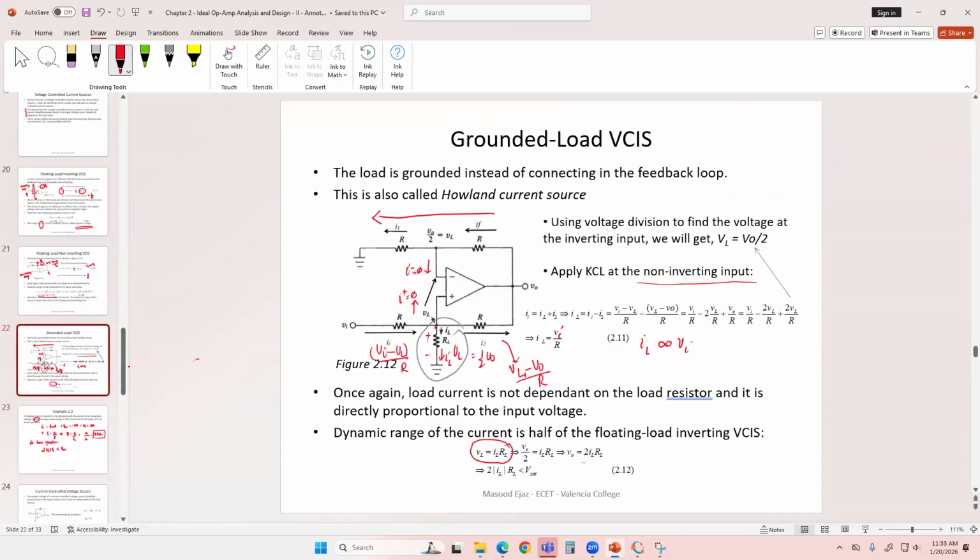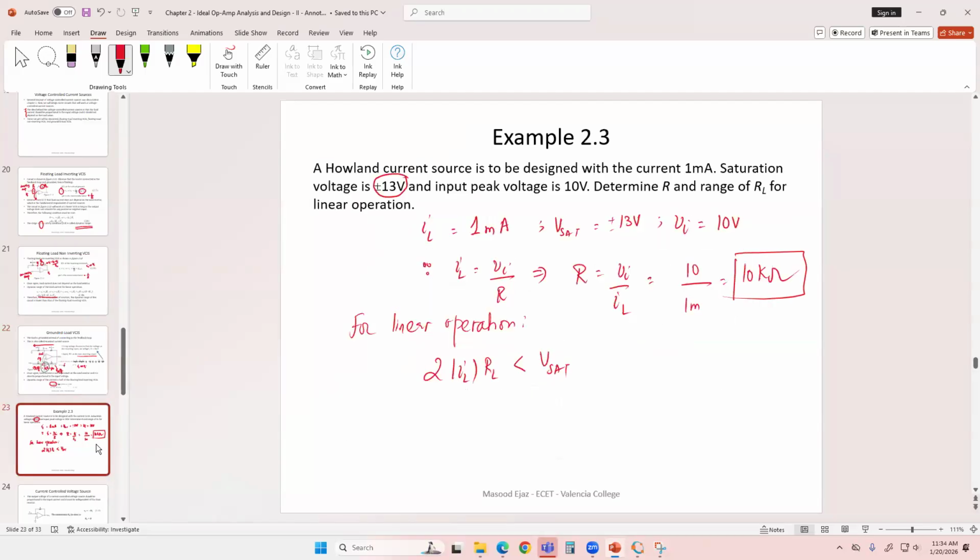That's the dynamic range that we discussed. So RL for the boundary condition will be V saturation over 2 times the load current.